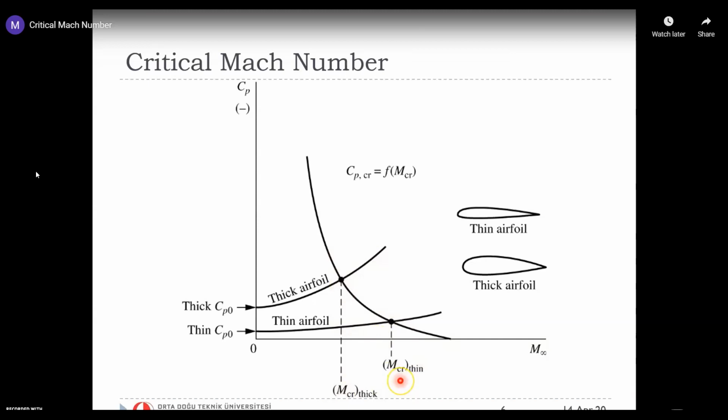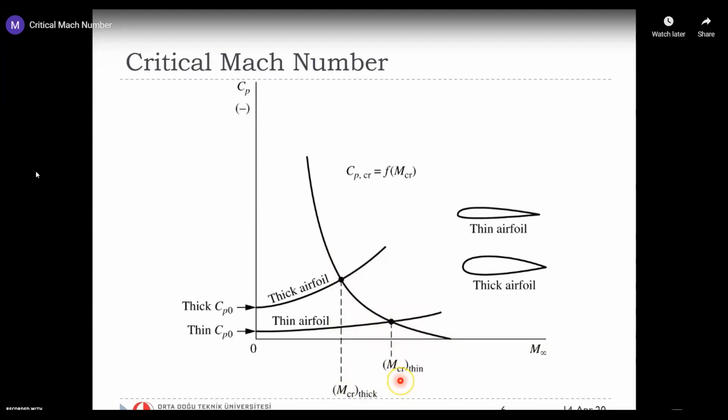So let me ask you a question related to this. Let's forget about the thick airfoil. Let's say we have only thin airfoil. So we have the lower line here. We have thin CP0, thin airfoil crossing the CP critical equation in terms of M critical, and at that cross-section point we have M critical for thin airfoil.